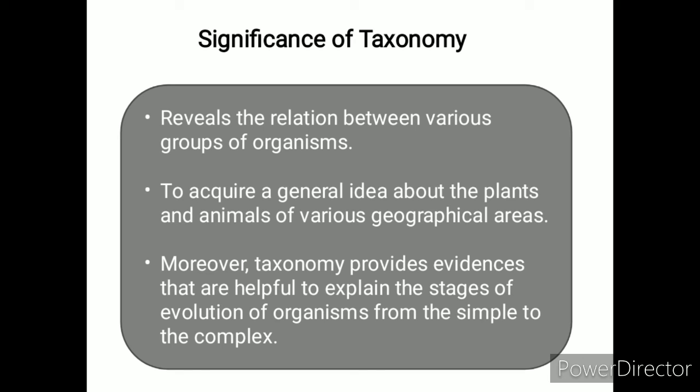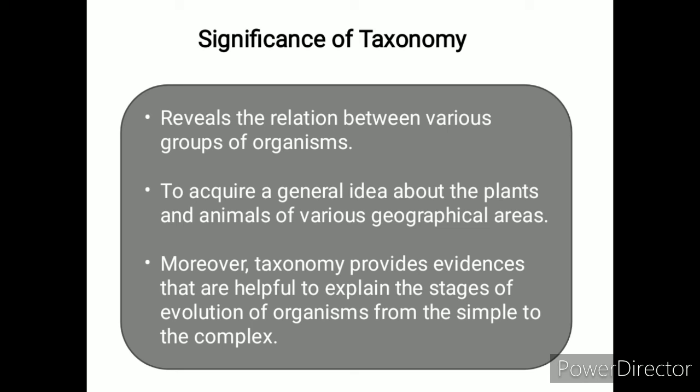It helps to acquire a general idea about the plants and animals of various geographical areas. Moreover, taxonomy provides evidences that are helpful to explain the stages of evolution of organisms from simple to complex.